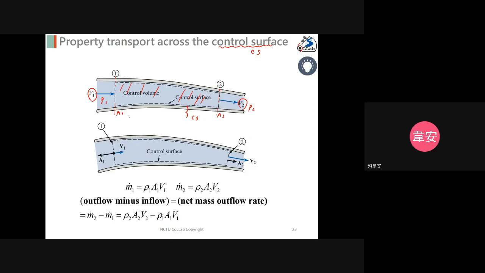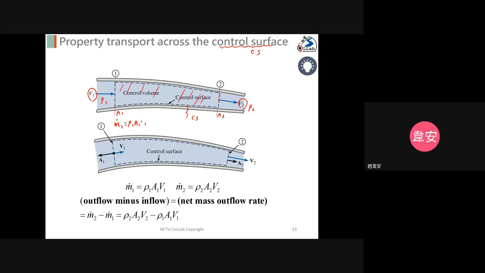So we can define the mass flow rate for cross-section 1 as rho 1 multiplied by A1 and then multiplied by V1.